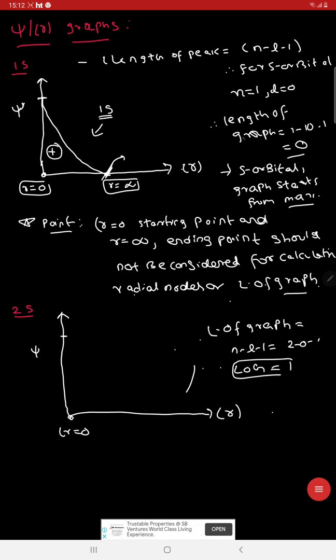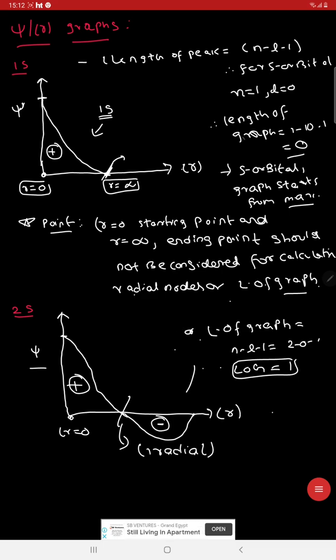So the length of the graph is 1. As it is a psi function, the negative part of the graph gets involved, and this is the graph. You can see one radial node, the length of the graph, or the number of radial nodes. So this is one radial node.